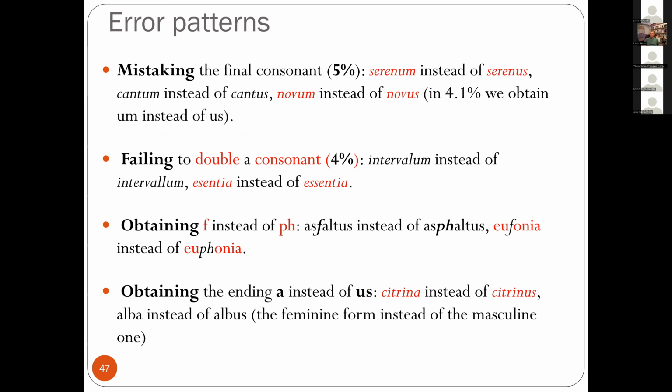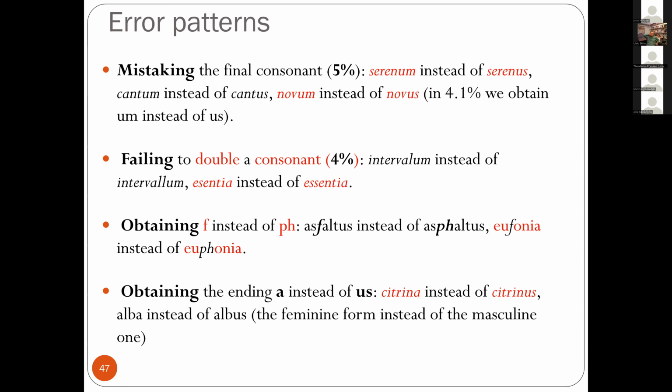But when we talked with our colleagues, with linguists, they said it's not necessarily an error for us. With serenum, serenus, it is not clear if the word comes from serenum or from serenus. It's not clear if the word comes in a language from the nominative or from the accusative. Also cantum instead of cantus, novum instead of novus, and so on. This type of error we obtain.